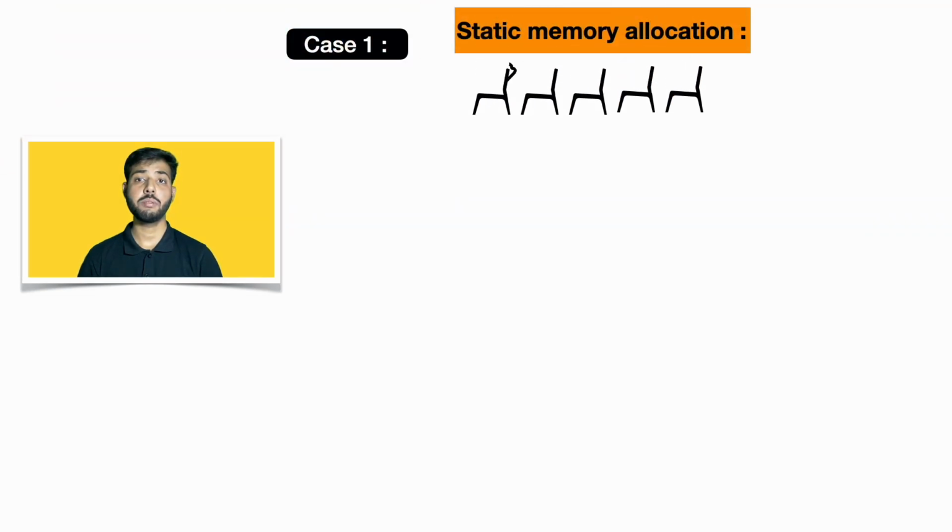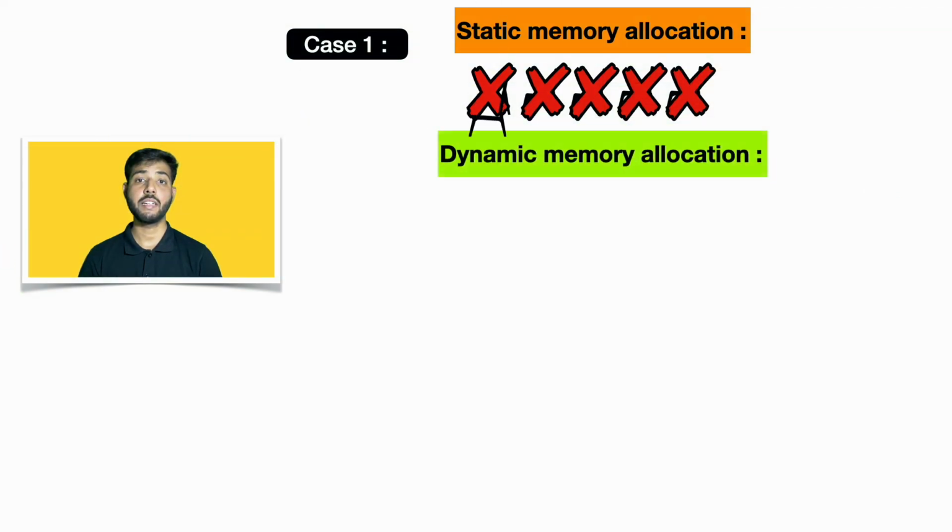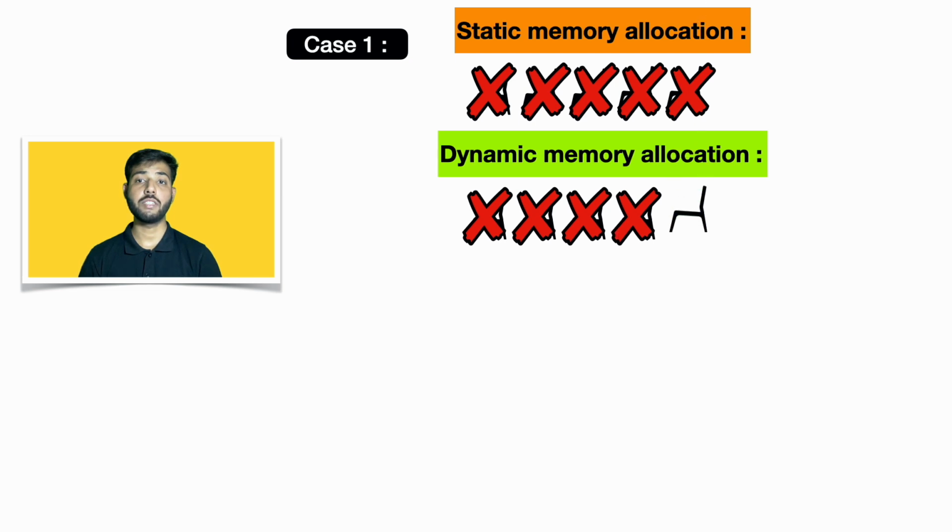In the scenario of static memory, it will allocate 5 chairs beforehand and all the chairs will get filled by the guests one by one. And in the case of dynamic memory allocation, as a guest comes, it allocates a chair to the guest, and when another guest comes, it allocates another chair to the guest. And in this fashion, dynamic memory allocation will also fill all the 5 chairs. Thus, no memory wastage in case 1.